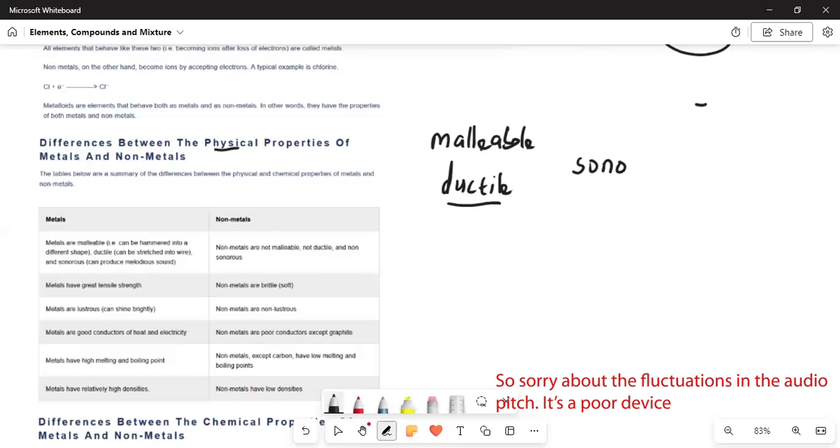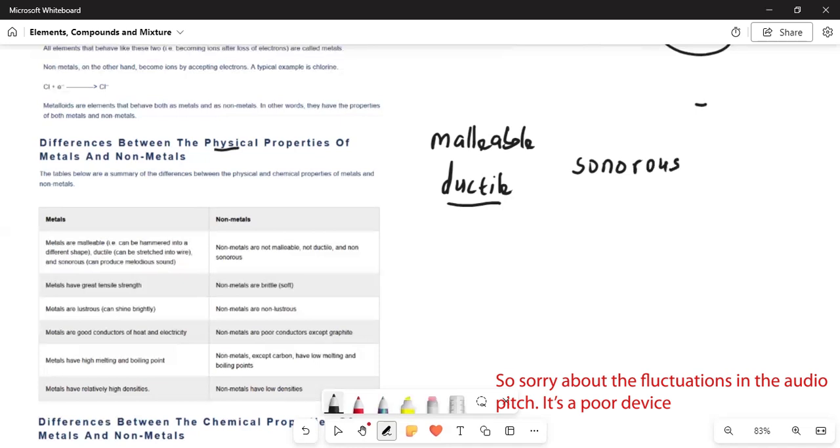You see that the wooden pole will produce a dull sound, while a metallic pole will produce a kind of echoing sound. That kind of echoing, melodious sound is what we call sonorous. So non-metals are what? Non-sonorous, while metals are sonorous.